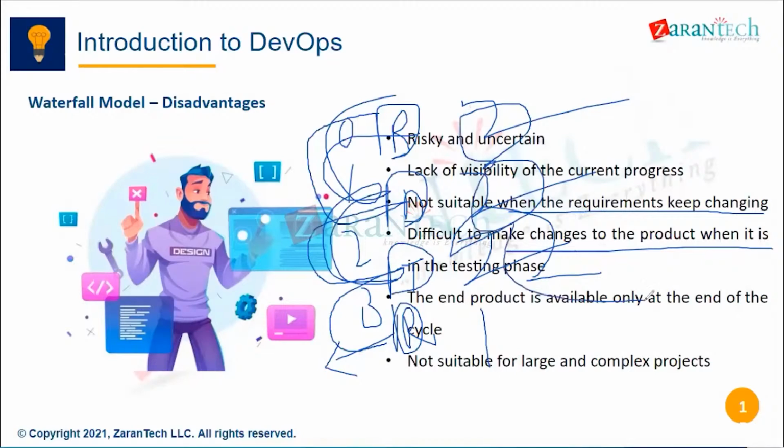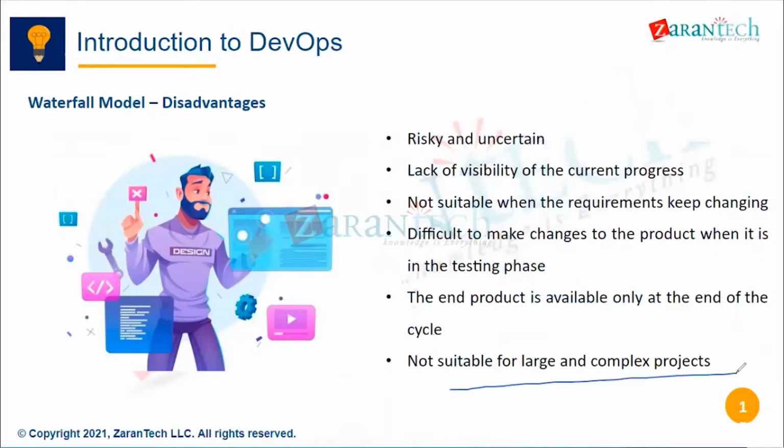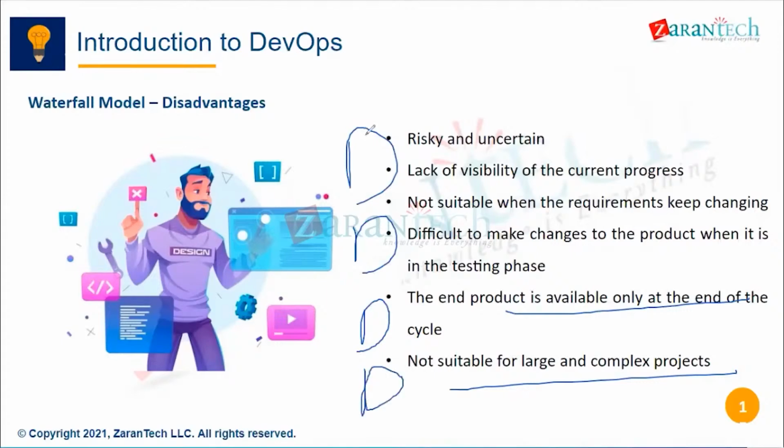Everything has lack of collaboration. This is very dangerous. Not suitable for large product. End product is available only at the end. This is very important. When you want to have a look at the product, you need to do it on a kind of piloting basis.